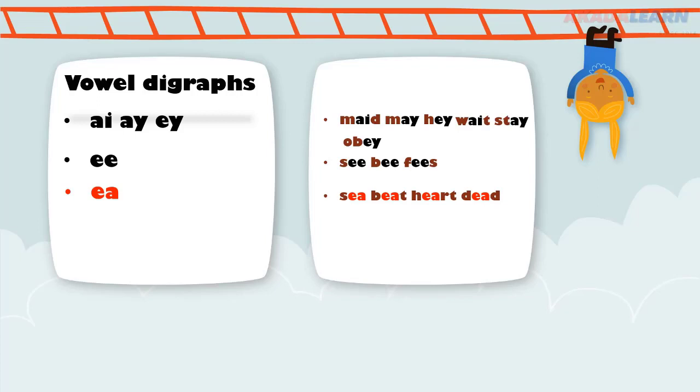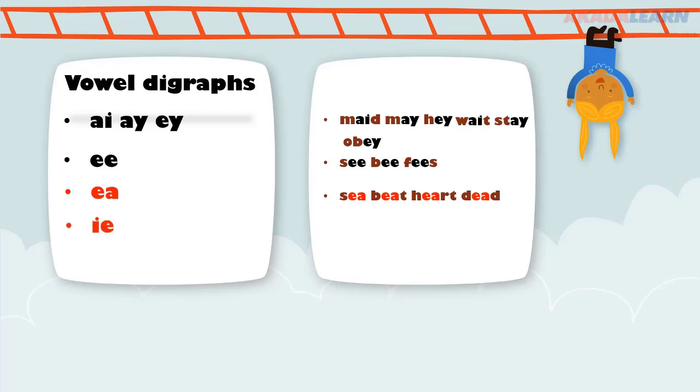But now in the word H-E-A-R-T, they make an A sound. That's the word heart. And in the word D-E-A-D, that's the word dead, like when something dies, they make an E sound. So they make so many new sounds. But over time you'll be able to learn the words with practice.